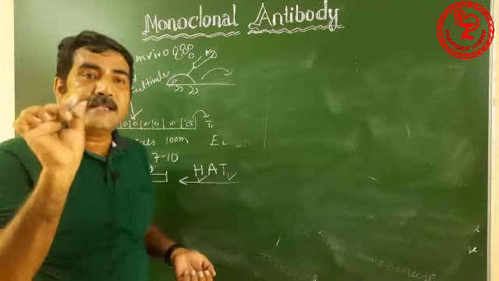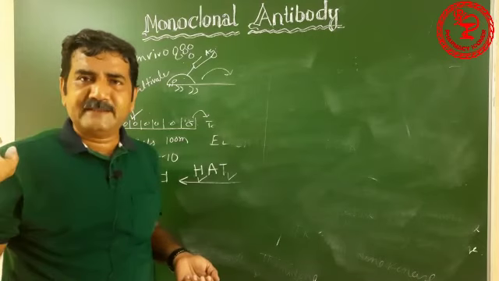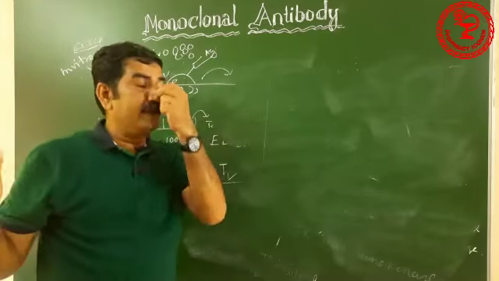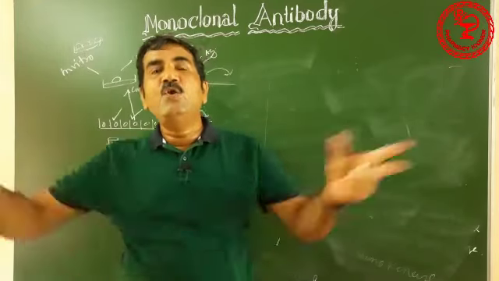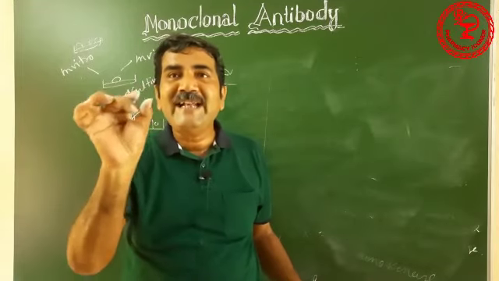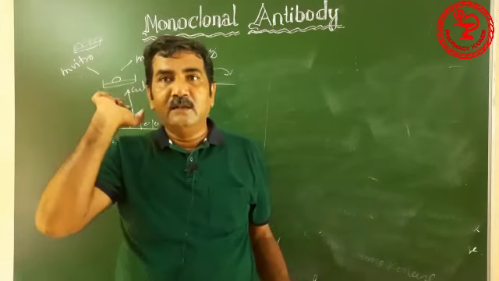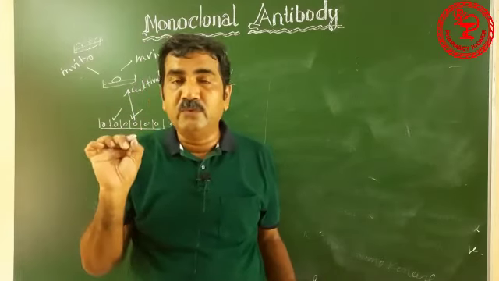It can recognize a small sequence of 5 amino acids to 20 amino acids. When you consider the structure of a protein, it is a huge molecule. A 5 to 10 amino acid sequence is a negligible number of amino acids. It can recognize that too.